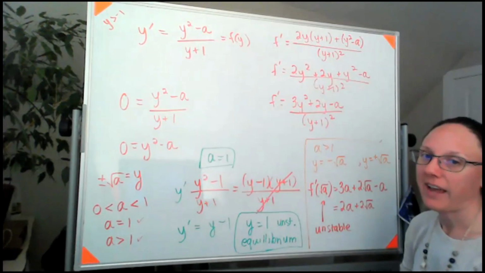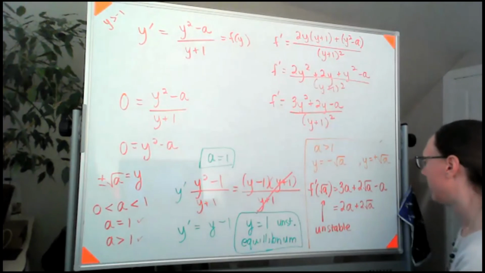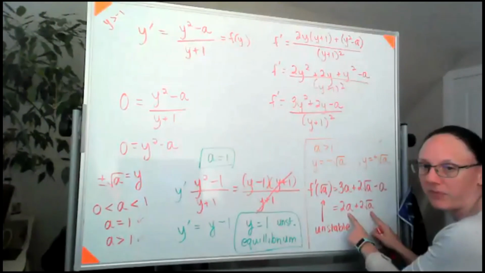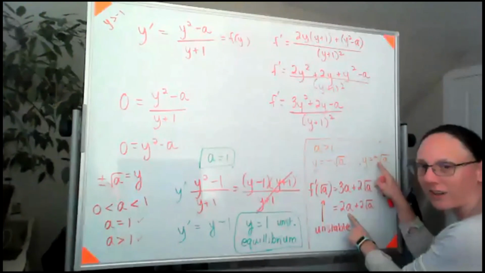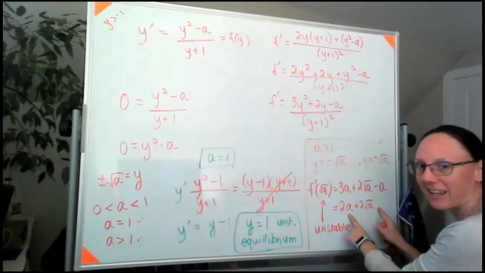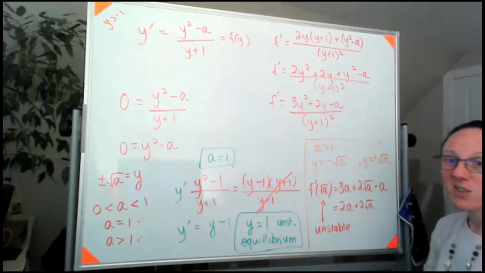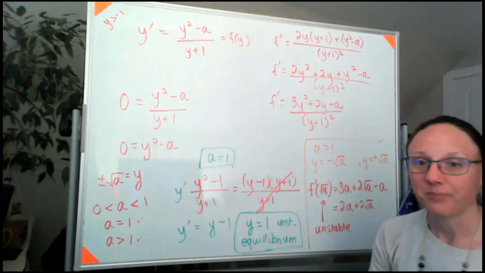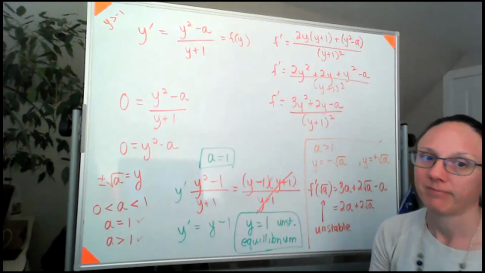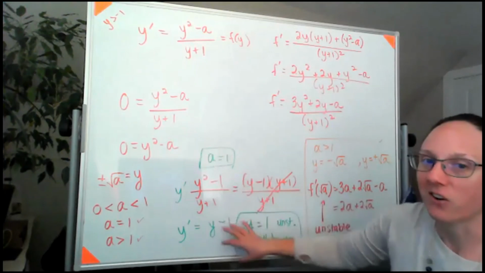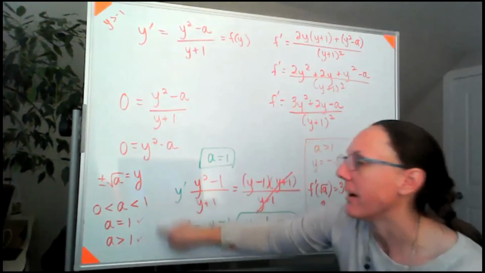But knowing that a is between 0 and 1, oh wait, if a is between 0 and 1, that square root of a is still going to lead me to an unstable equilibrium. So it looks like no matter what we do, this equilibrium is going to be unstable. But we still had to consider the three separate cases depending on the value of a.